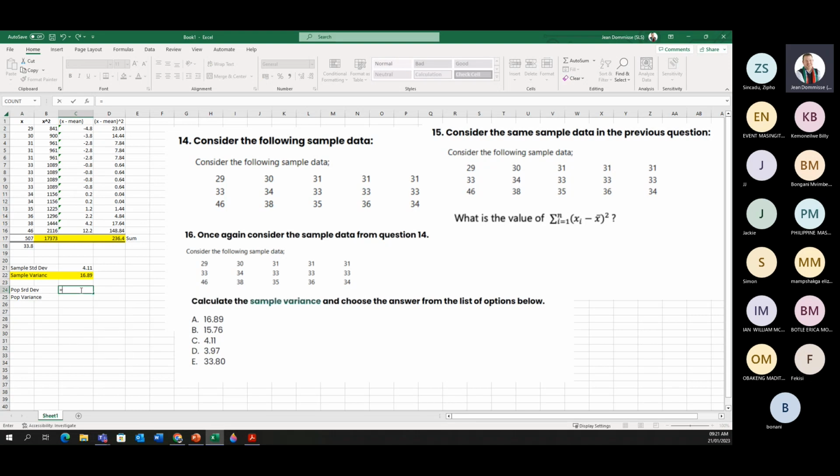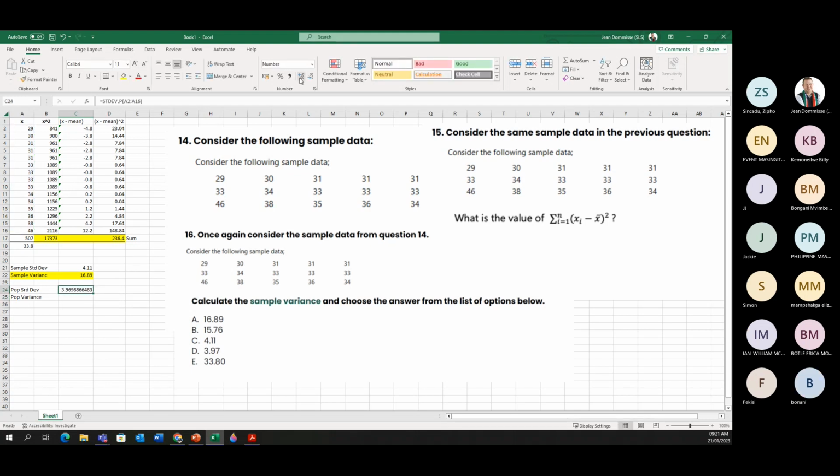So let's see, standard deviation of population, the P. There's the answer if you were being asked that. Variance of population.